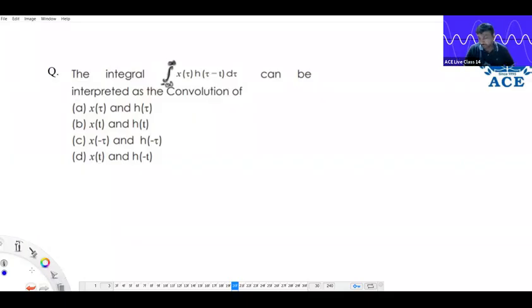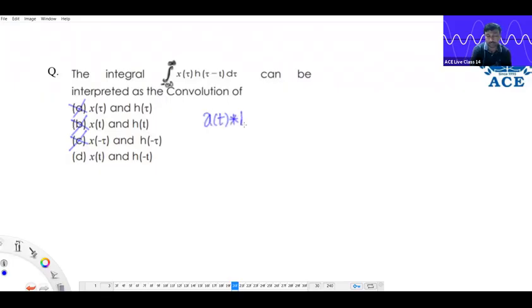We know if we do convolution, the answer is always obtained in terms of the same independent variable. So there is no chance for options A and C, because convolution means the answer is obtained in terms of the same independent variable. B also has no chance because we know the standard convolution formula. So automatically what is correct?